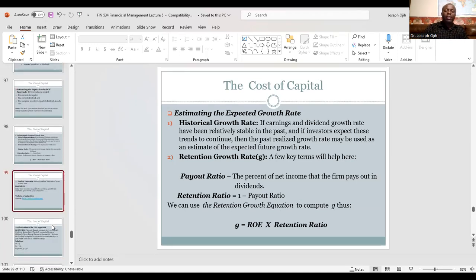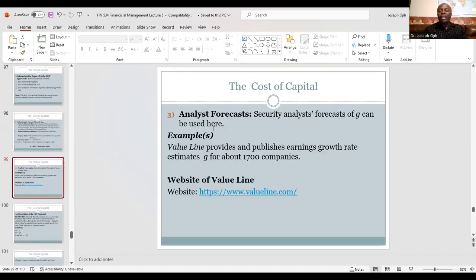So another way you can determine G is to use the analyst forecast. If you listen to CNBC, which is a business channel, analysts make a lot of forecasts about growth rates of dividend for some specific companies. You can also use that. Or you can subscribe to one particular website, they call it Value Line.